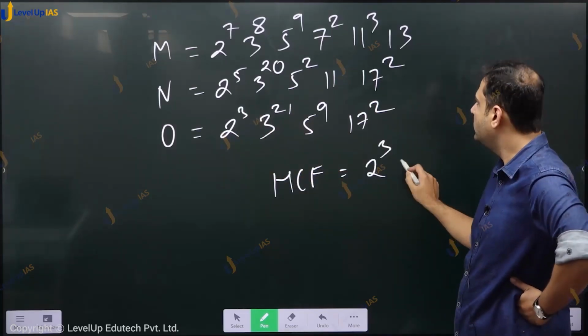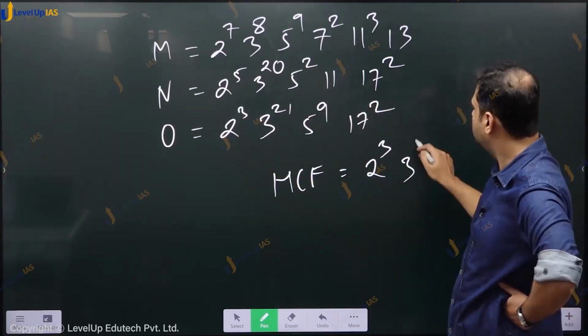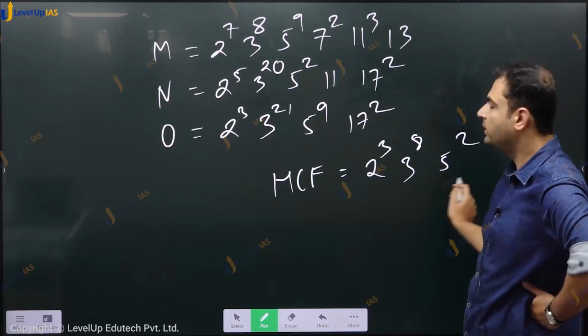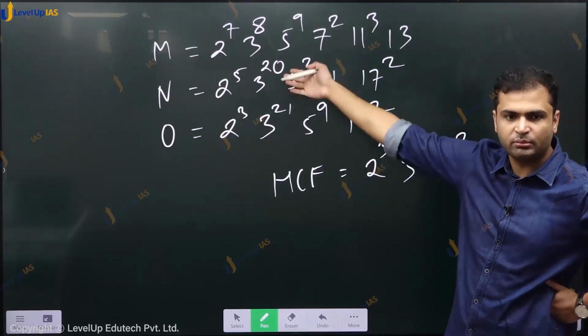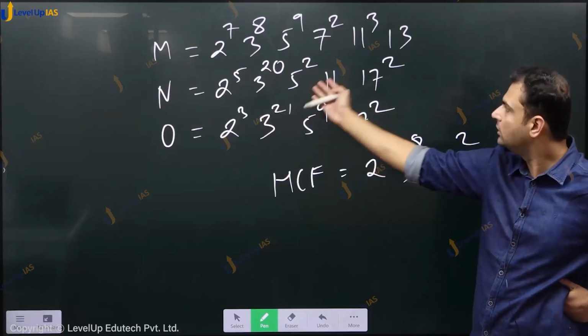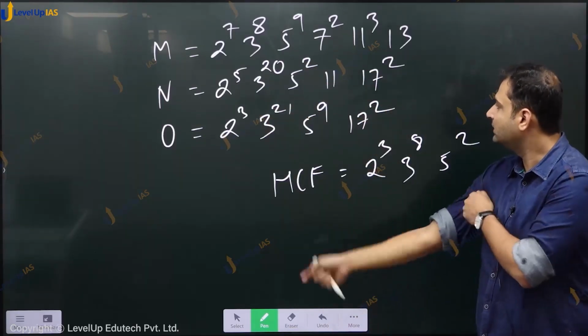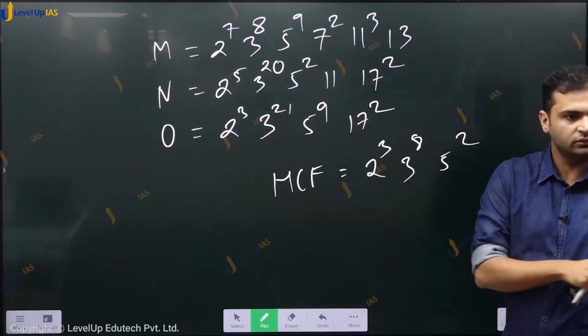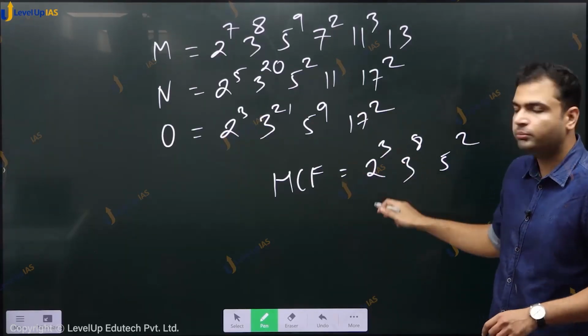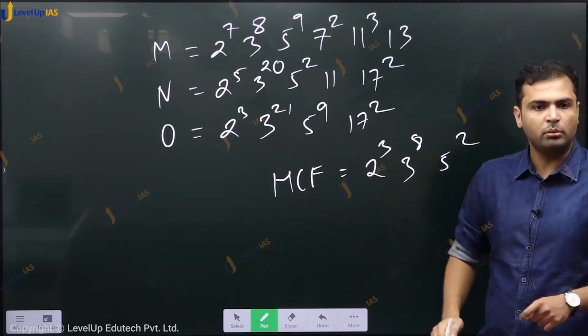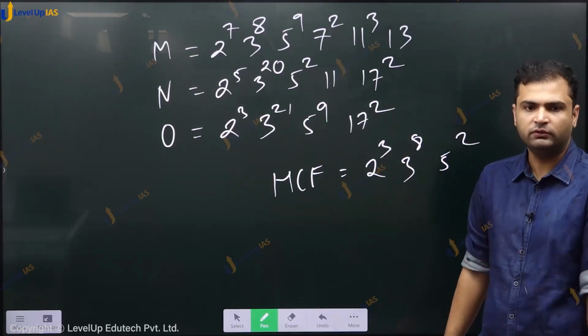So 2 raised to 3, 3 raised to 8, 5 square. That is the maximum power that is common. Other than that, there is nothing common. So this is the highest common factor.